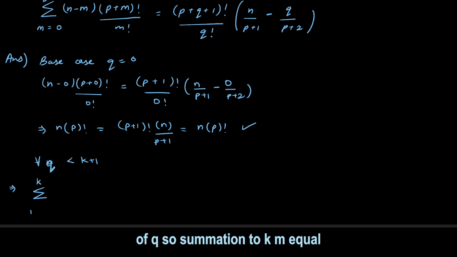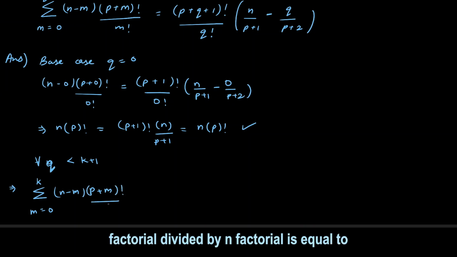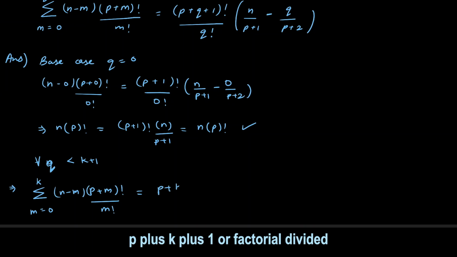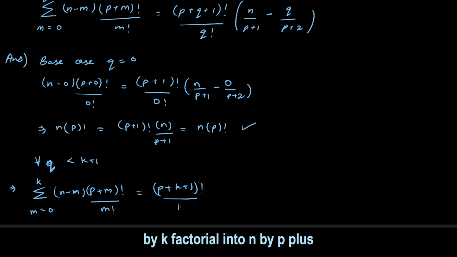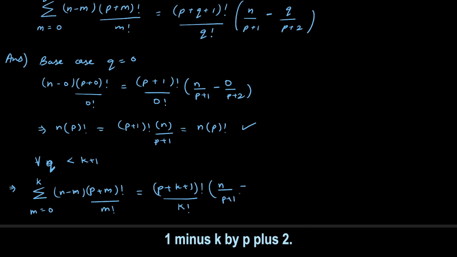So the summation to k, m equal to 0, of (n minus m)(p plus m)! divided by m! is equal to (p plus k)! divided by k! into (n by (p plus 1) minus k by (p plus 2)), right?